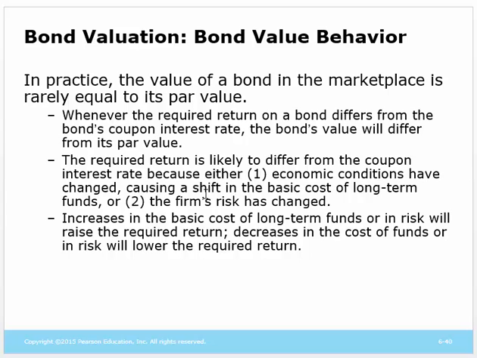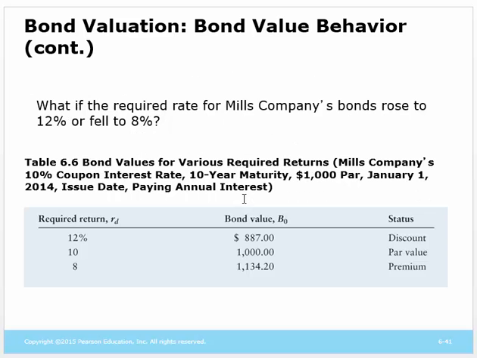So the only thing that really changes is economic conditions and the risk of the company itself. As those conditions and the risk of the company change, the value of the bond is going to change as investors change their required return or their expectations of returns for the particular bond.